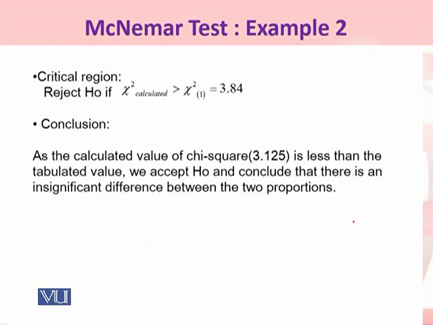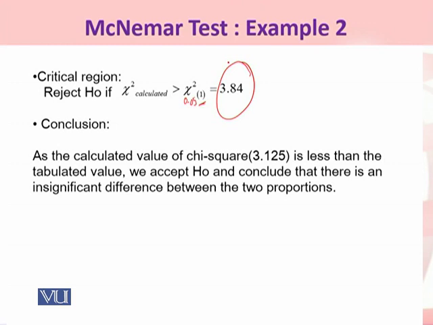Now the next thing we would have to do, students, is to compare the calculated value we have obtained with the critical value so that we can infer whether to reject or accept our null hypothesis. Students, again we will use the chi-square table. There we will look at the value against 0.05 under degrees of freedom 1, and that value is 3.84.